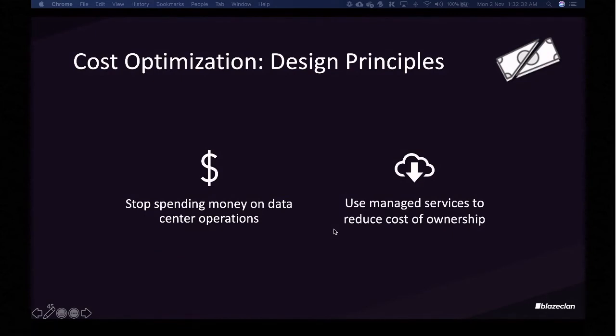And again, the other point is use managed services. This way, you help reduce your cost of ownership and hence reduce your total expenditure and improve your business output.